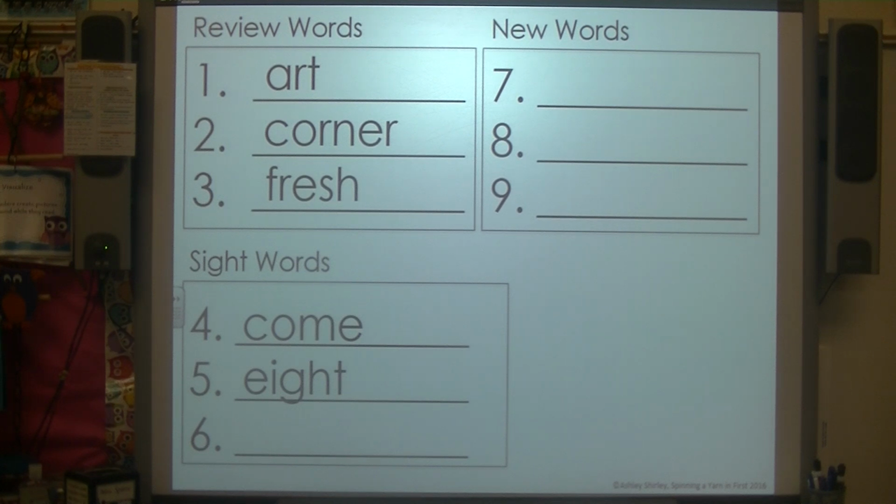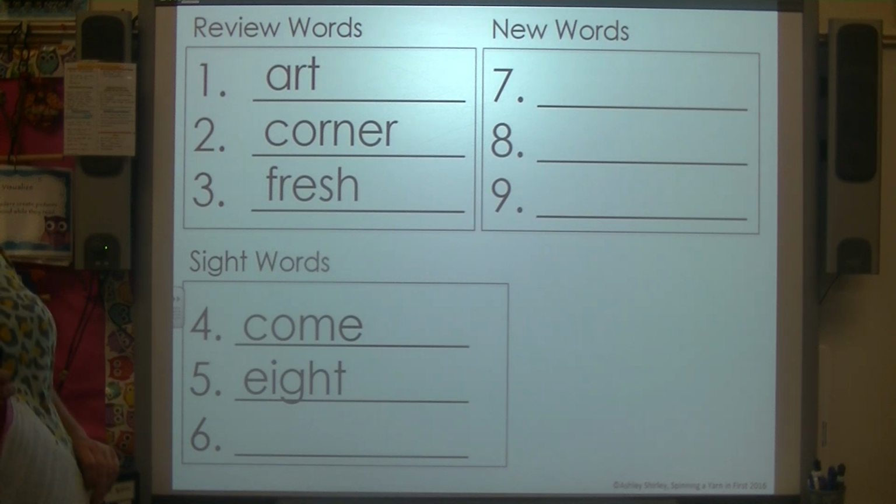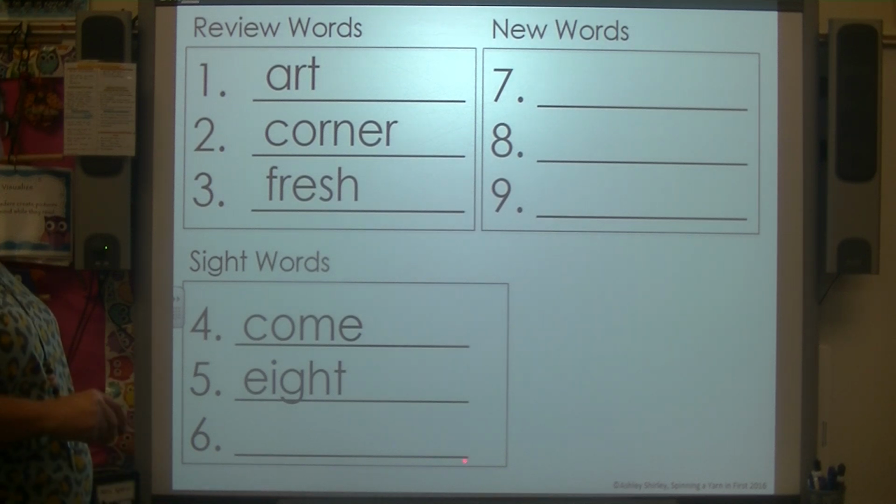All right, and your last sight word, number 6, from. We got those pumpkins from the pumpkin patch. From. Write from on number 6.